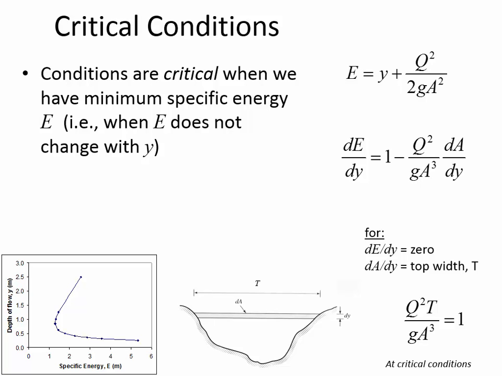And so you're using some top width T, and you have dE/dy equal to 0. That's where this formula for critical conditions comes from.